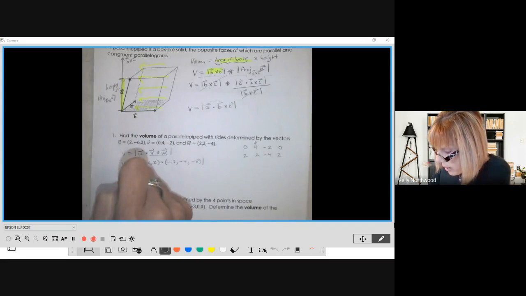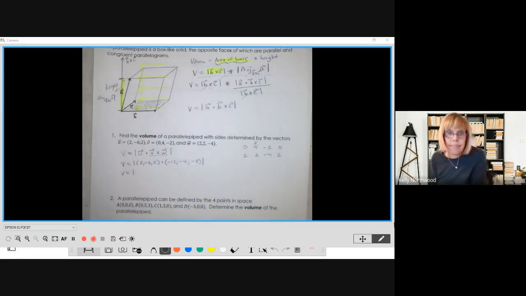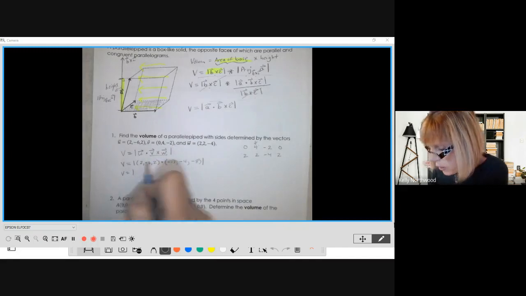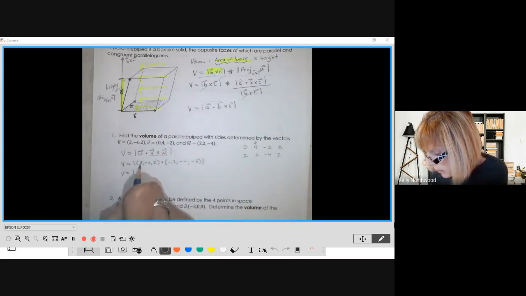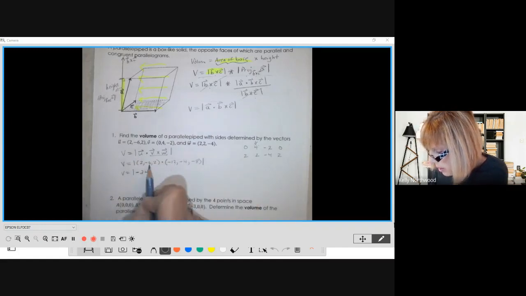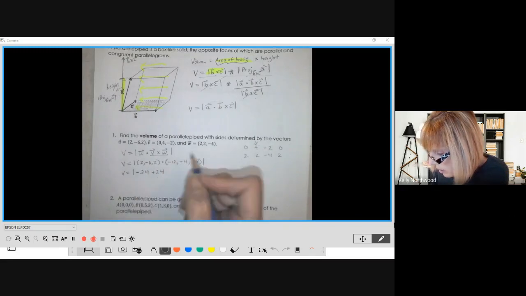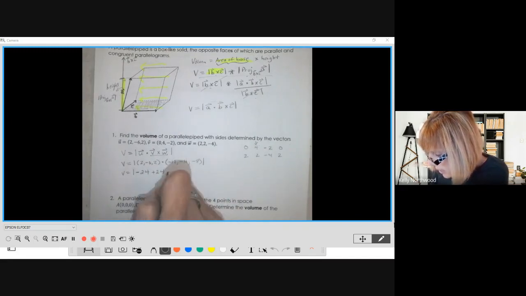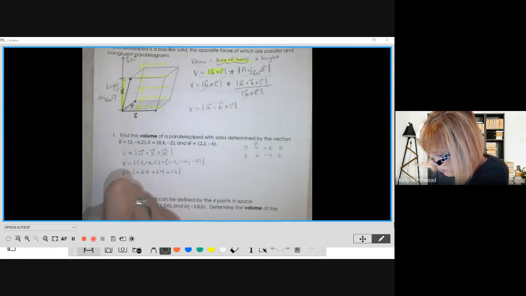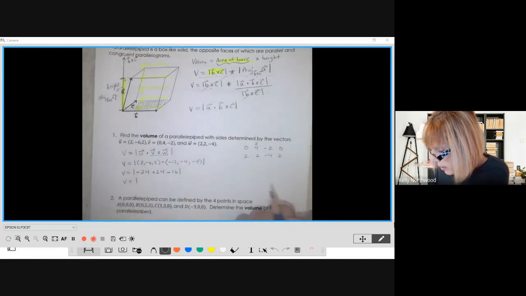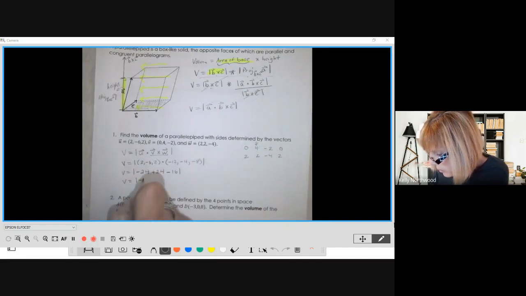And now we want the absolute value of that. So dot product, remember, is multiply and add. And no parentheses anymore, it's a number. So 2 times -12 is -24. -6 times -4 is +24. 2 times -8 is -16. And then when we add these up, we get the absolute value of -16.